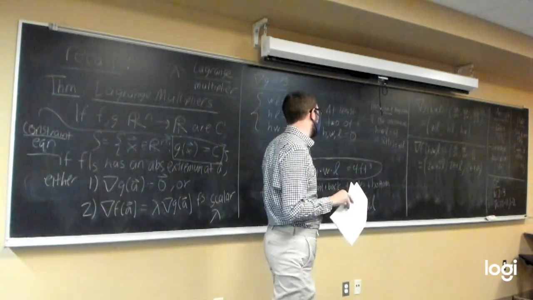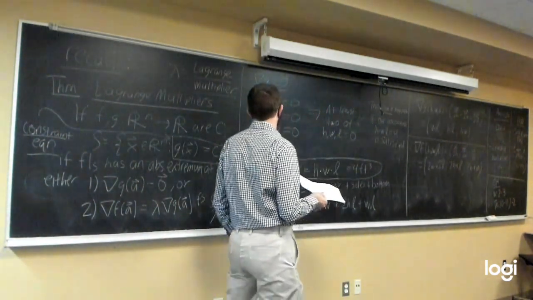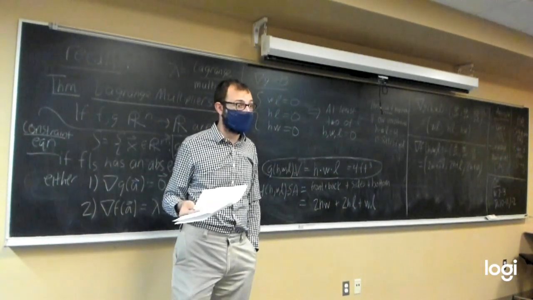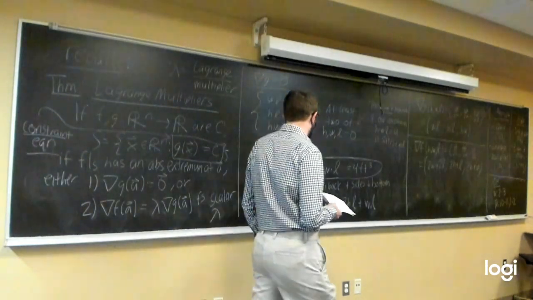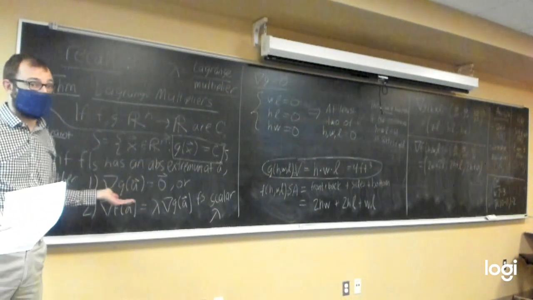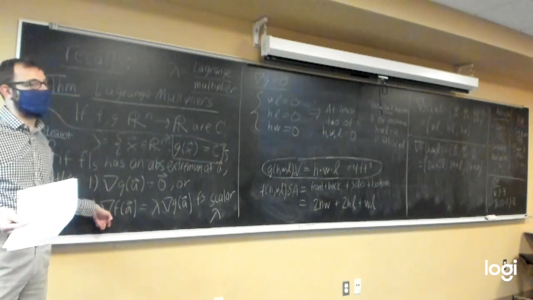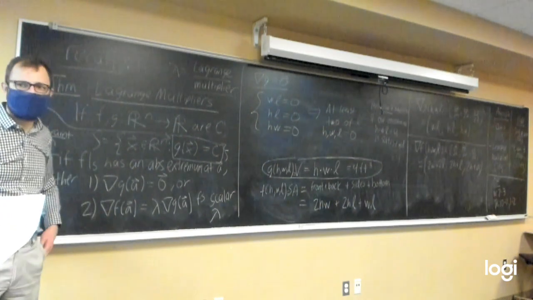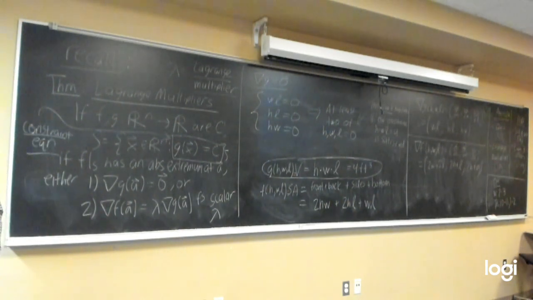If our volume is 4, it's impossible for the gradient of the volume function to come out to be 0. And so we're just not going to get any potential points from this first condition. Any potential points we find would have to come from the second condition here. Let's stop for just a second and see if there are any questions or comments so far.